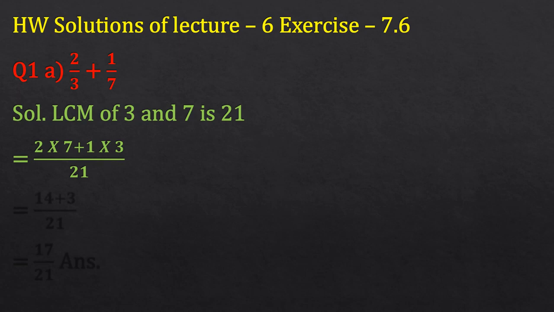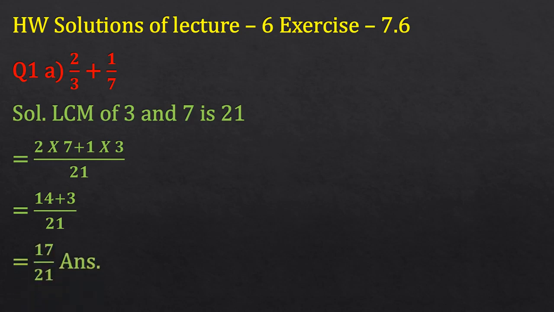Now put the plus sign. Now divide 21 by 7, that is the denominator of the second fraction. You will get 3. Multiply that 3 by 1. So it is 1 multiplied by 3. So 2 sevens are 14 plus 1 three is 3. 14 plus 3 is 17 upon 21.